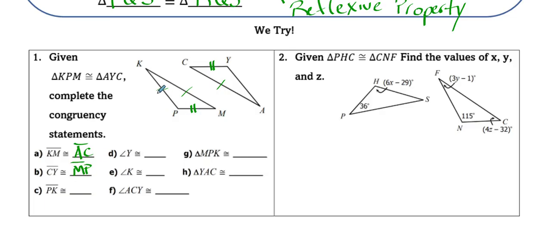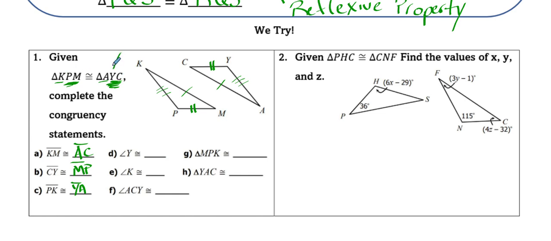And then PK is congruent to YA. We're just really finding those matching pieces. Honestly, we don't even need the picture. We can see it right here. KM is congruent to AC. Or CY, C to Y, is congruent to M to P. The order here really tells us everything that we need.